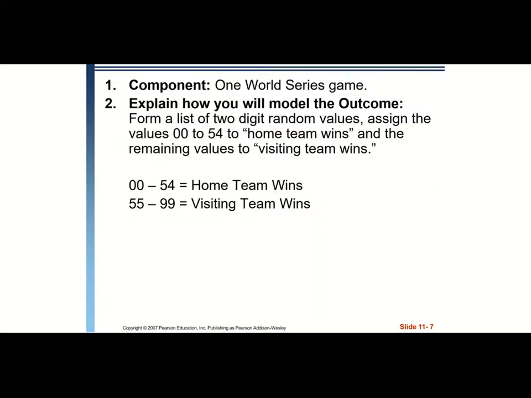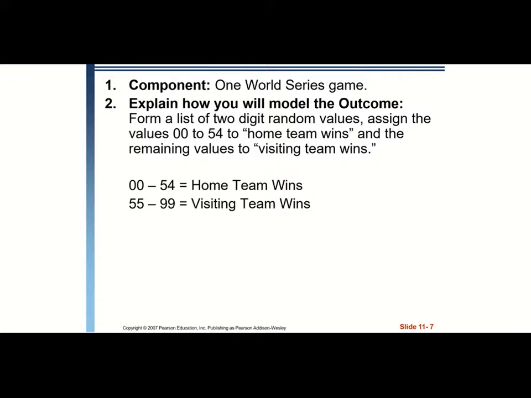Now let's go through those steps that were listed on the previous slide. Step 1, define the component, which we just mentioned was a single World Series game. Step 2, let's model or explain how we model the outcome. So it mentioned that the home team has a 55% chance of winning. Okay, because of that, let's use 2-digit numbers, and we're going to randomly generate a 2-digit number.